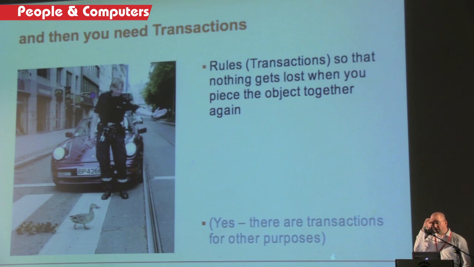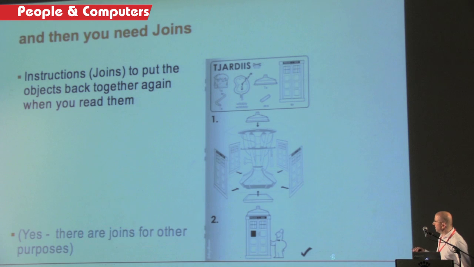You also need transactions, which are basically rules. Yes, there are sometimes joins that you need for other purposes, but I bet that for something like a web shop, most of the joins executed on the relational database are there just to put objects together again that were stored and distributed over many tables.